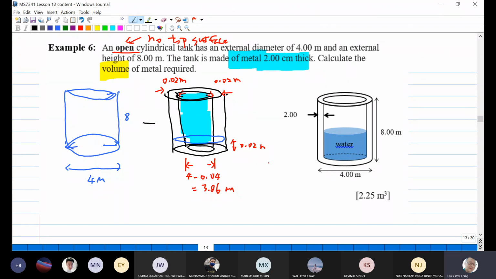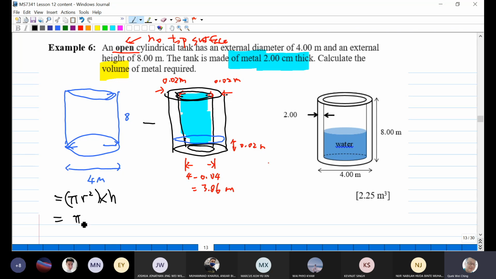So what is the volume of this? The base area times height here. So base area is pi r squared times height. First one, pi r squared times height. So r is equal to 2 now because diameter is 4.